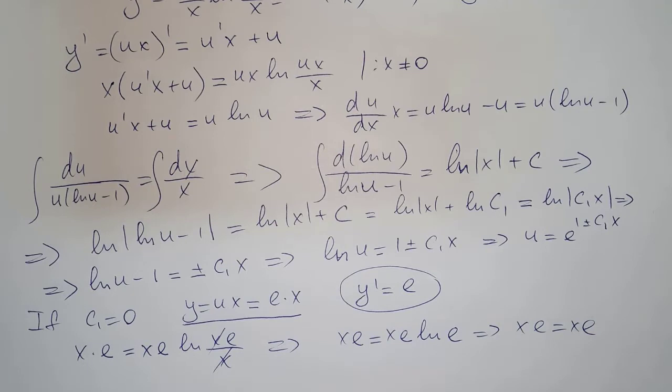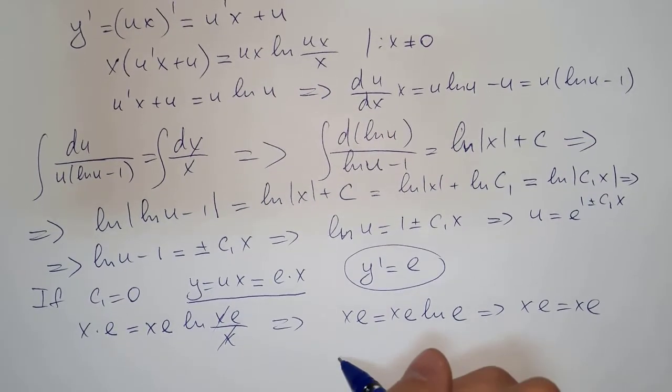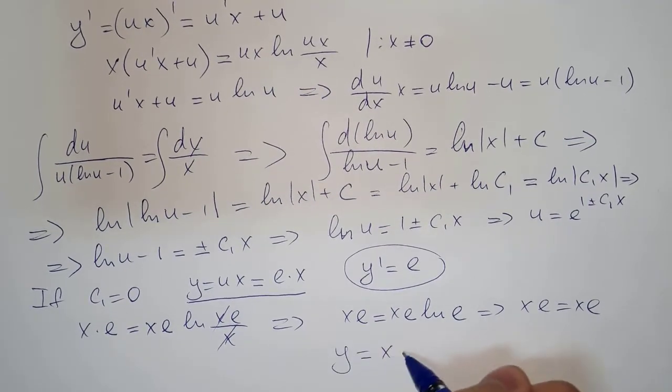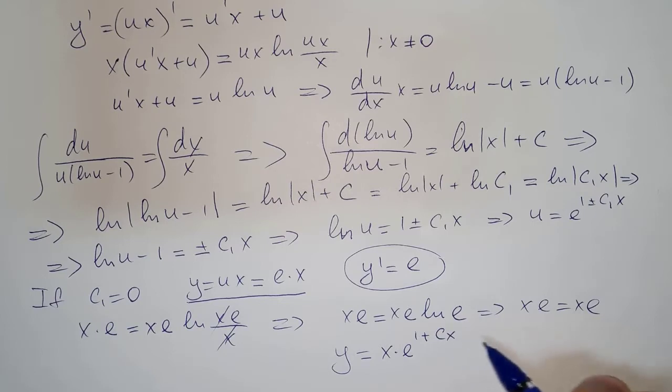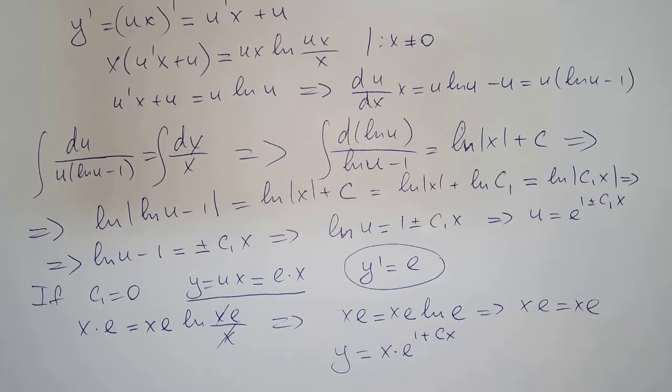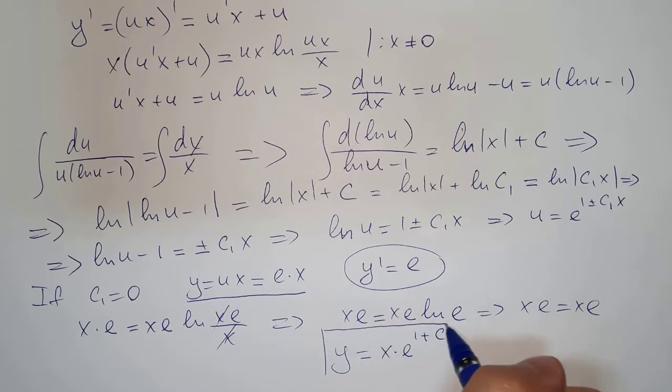So this is our solution, and now the general solution of our equation is y is x times e to the power of 1 plus cx, where c is an arbitrary constant.